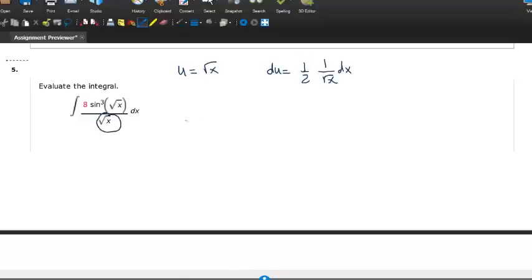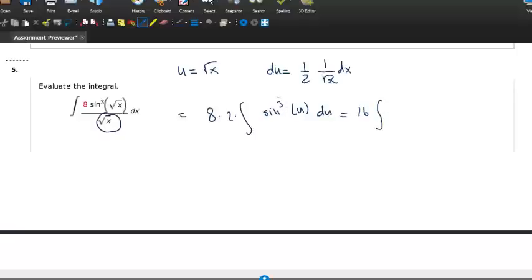Alright, so let's rewrite this integral. I can pull that 8 out. Then I have integral of sine cube of u. Then I have dx over square root of x. That's nothing but 2 du, right? So I can put du here and put that times 2 outside. So this all of a sudden becomes 16 times sine cube of u.